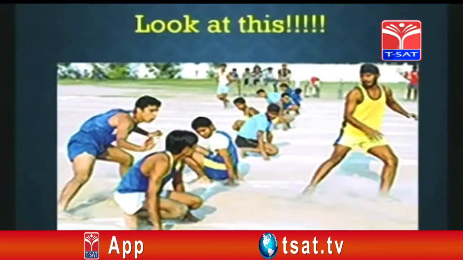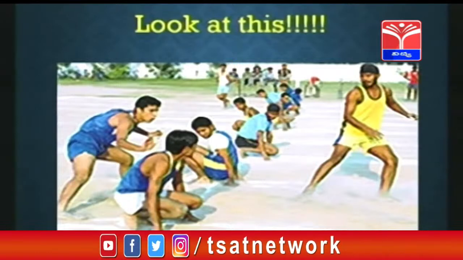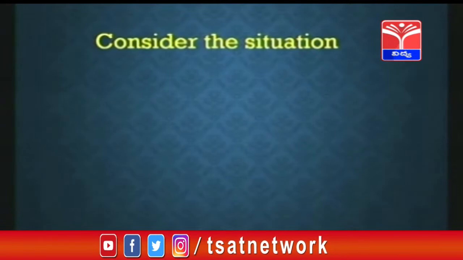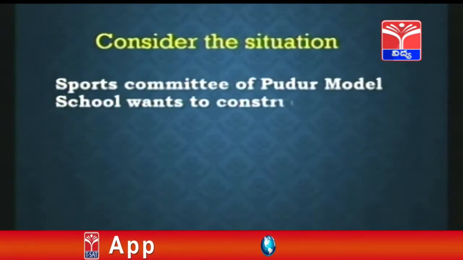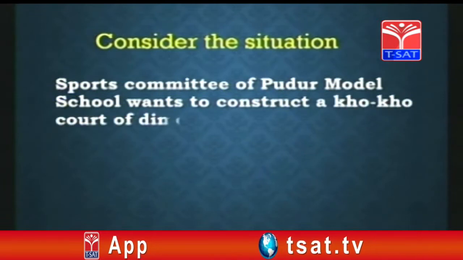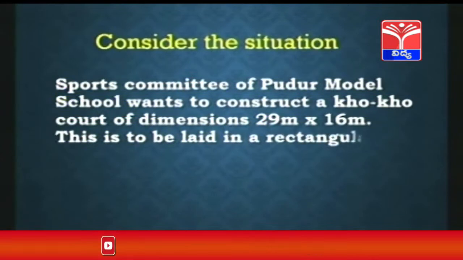Yes, that's right. I am sure you all must be jumping with joy whenever you have a sports hour. It's a Kho Kho match. Now let us consider the situation. Sports committee of Pudur Model School wants to construct a Kho Kho court of dimensions 29 meters by 16 meters.